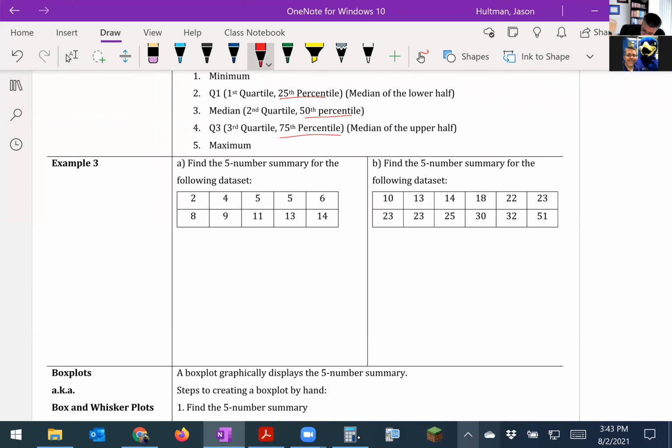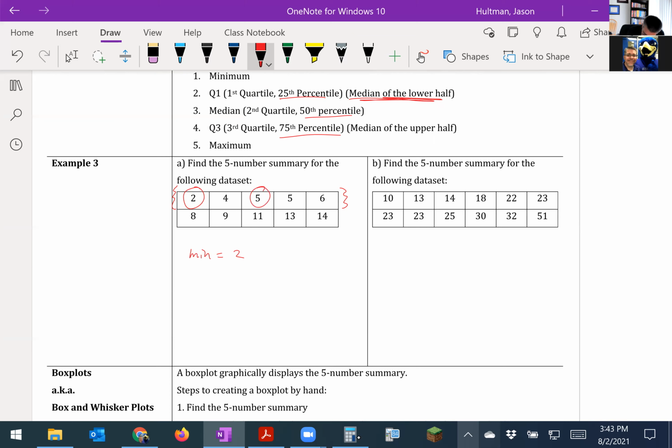Well, we want to find the minimum value first. The minimum value is 2. That's the smallest number. What about Q1? They said that it's the 25th percentile, or the median of the lower half. It's the middle of the lower half. Well, there are 10 numbers here. If I just look at the lower half of the data set, what's that middle number?